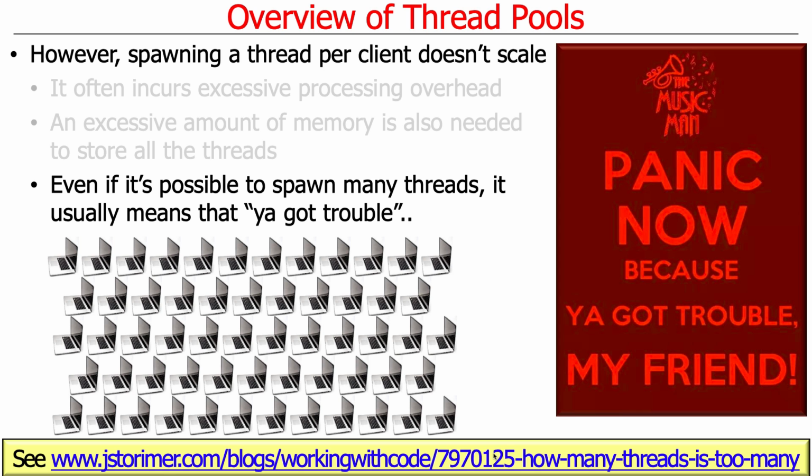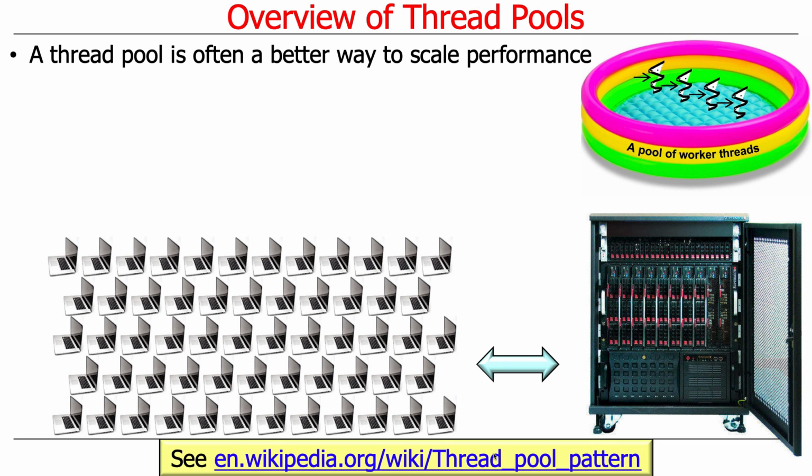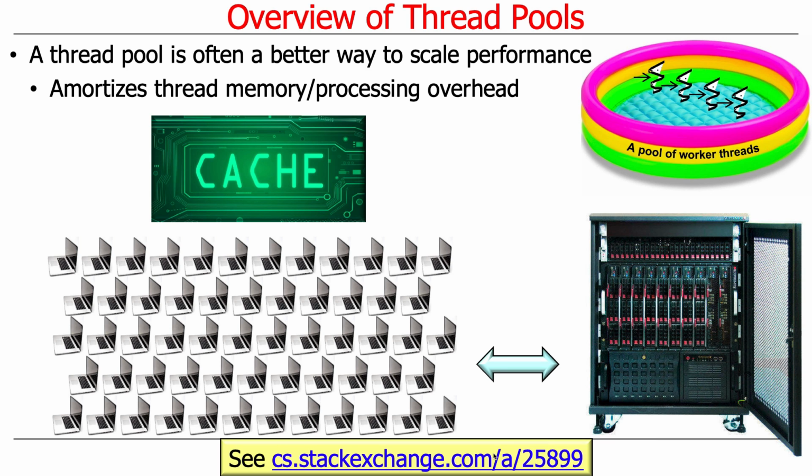So what is an alternative? What's a better way to go? Well, a better way to go is probably to use a thread pool, where rather than having an unbounded number of threads with respect to the number of clients, you bound the number in some way. And this, of course, is a win because it helps to amortize thread, memory, and processing overhead.